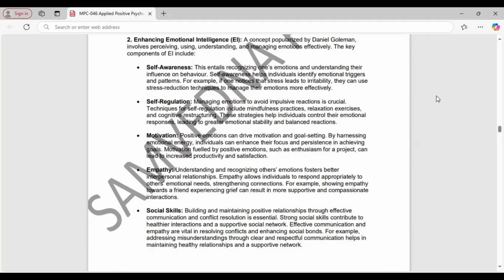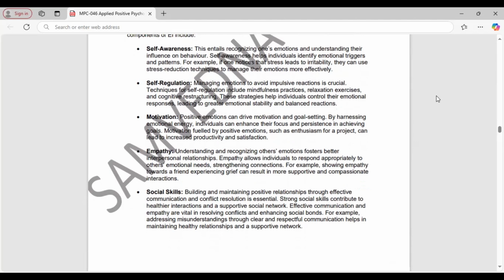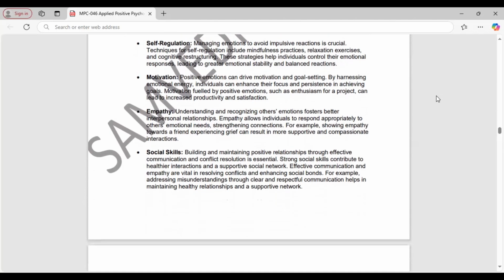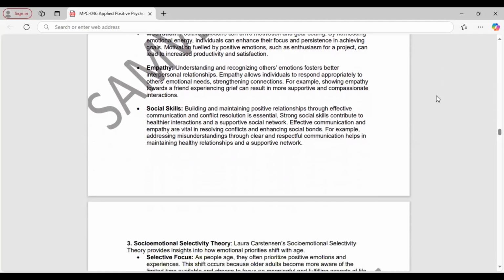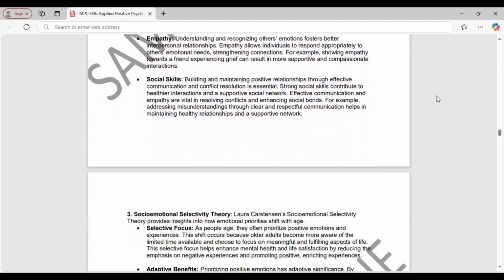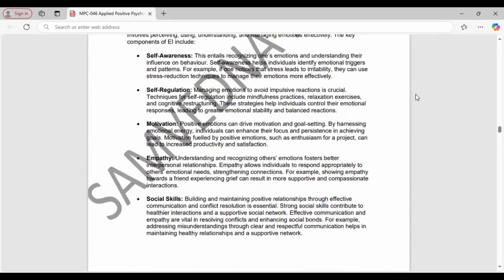Positive emotions drive goal setting and persistence, enhancing productivity. Empathy. Understanding others' emotions fosters supportive relationships and appropriate responses to emotional needs. Social skills. Effective communication and conflict resolution contribute to healthier interactions and social support networks.